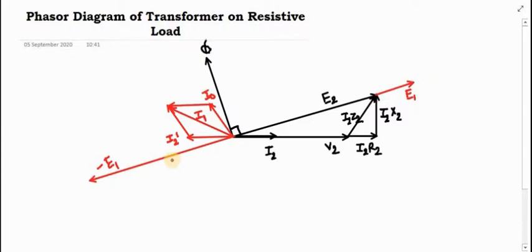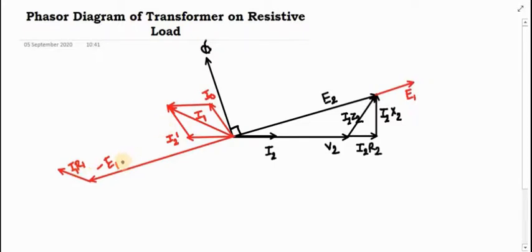Then what will I do now? To minus E1, vectorially I will add the I1 R1 and I1 X1 drops so that I can get the applied voltage. In parallel with I1, from the tip of minus E1, I will draw the I1 R1 vector.